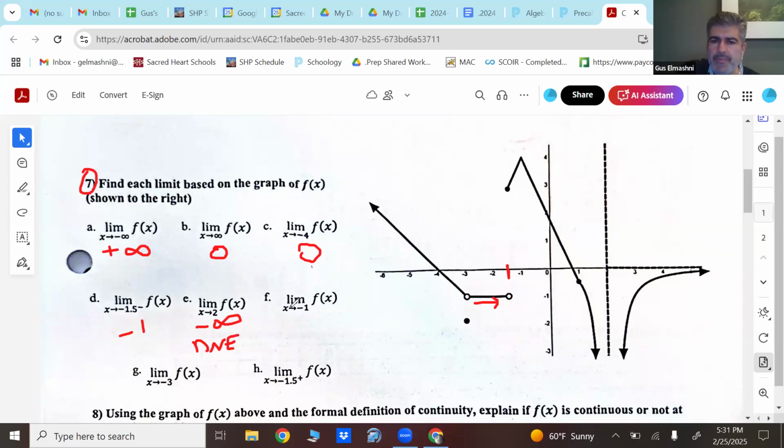Now here, that's approaching negative 1. That's just that number, which is 4.